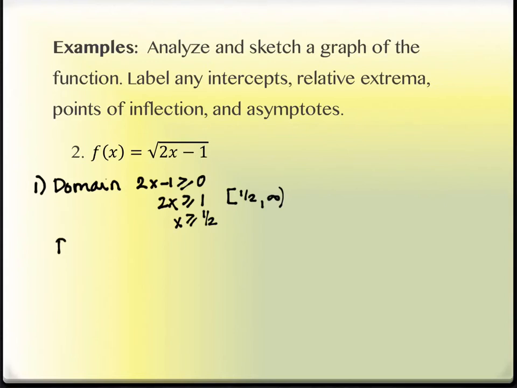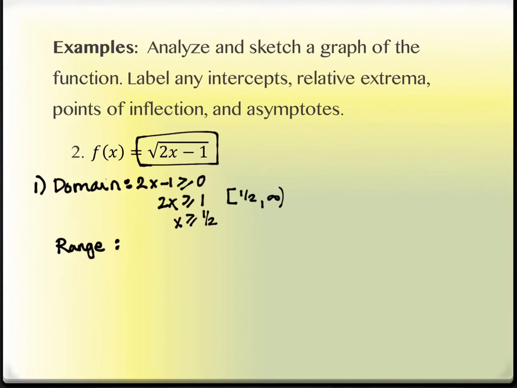Okay, so the next one is the range. Range is actually really nice for a function like this. It's sort of unfriendly in some fashions for a rational function, but for this one it's really nice. Radicals, when they're given to us in radical form like this, do not have a plus or a minus in front of them. They just don't. This is actually referred to as a principal square root, so we only take the positive part.